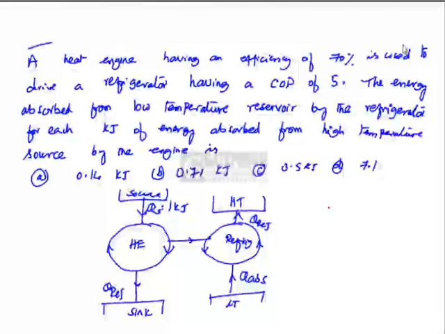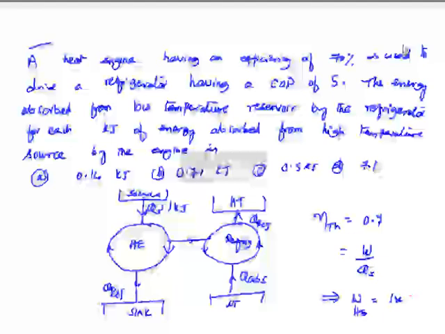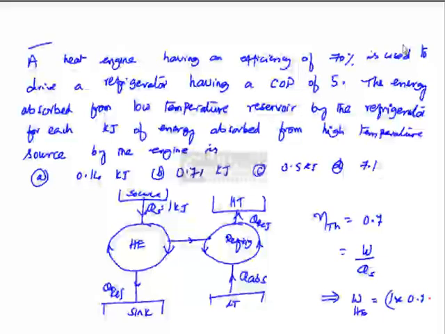He has given that thermal efficiency of the heat engine is 0.7 or 70%, which is defined as W divided by heat supplied. Implies W, work output of the heat engine, is equal to heat supplied to the heat engine, that is 1 kilojoule into 0.7.